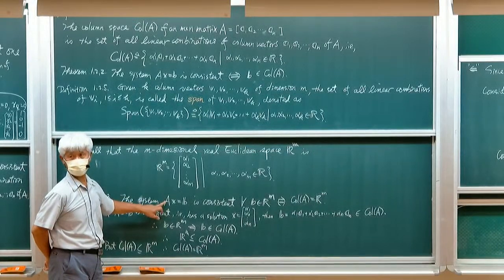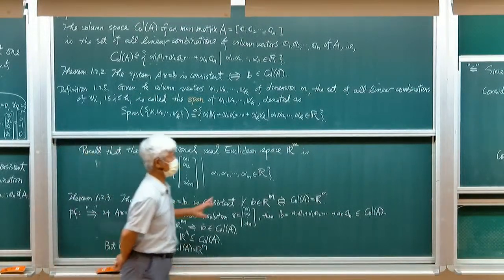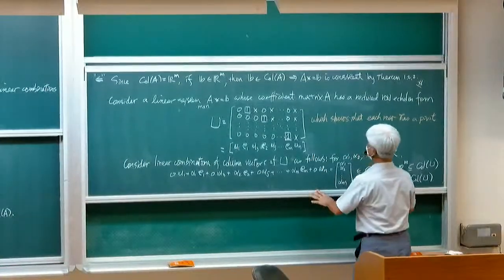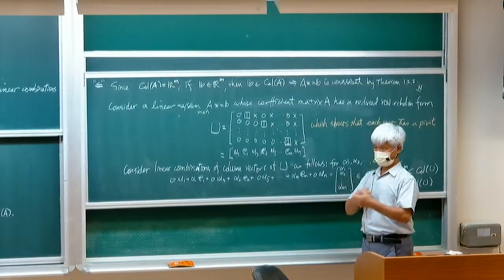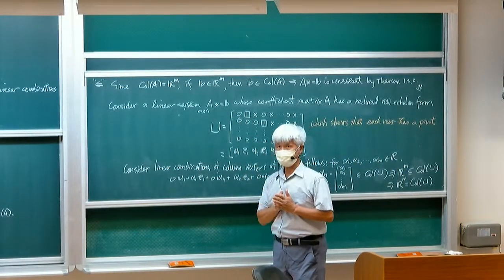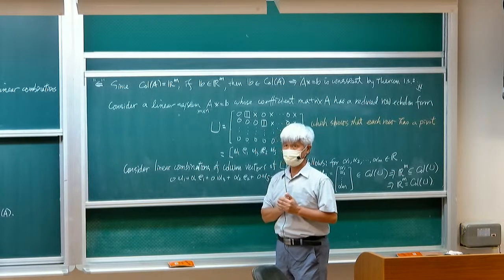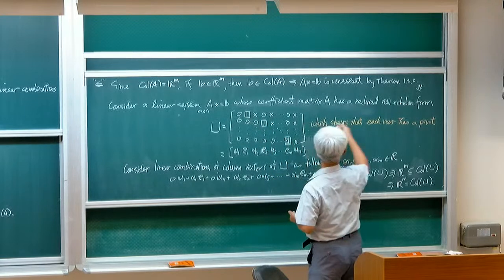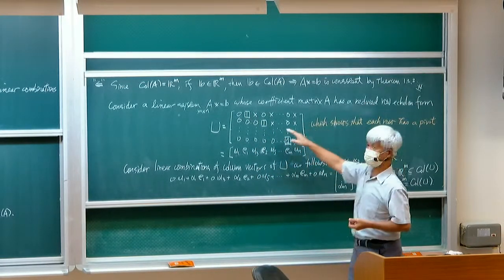Will be consistent. So that gives you a sufficient condition: you can do row operations on the coefficient matrix A, and at the end you have a reduced row echelon form.